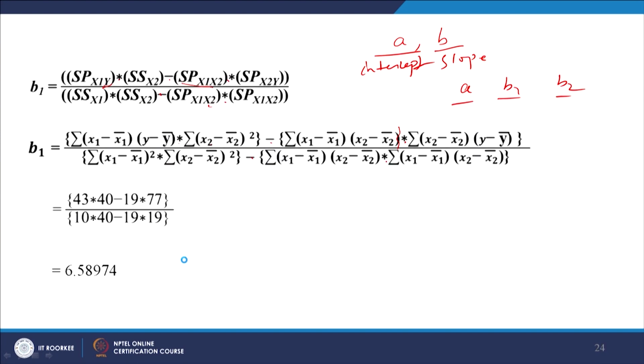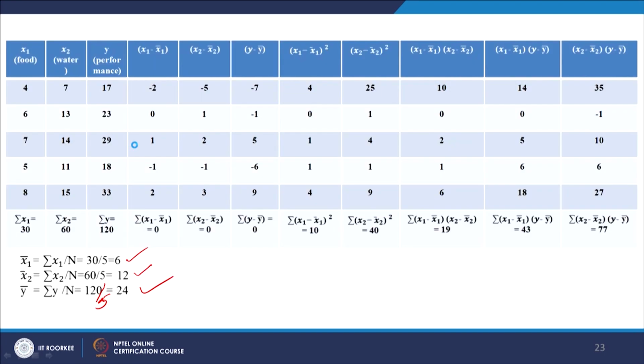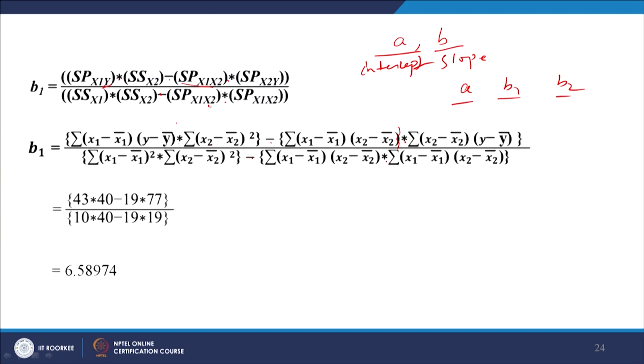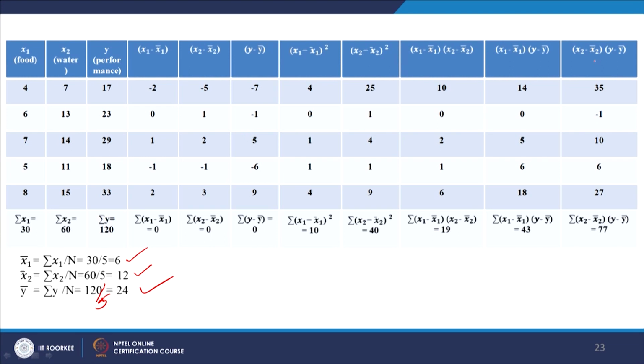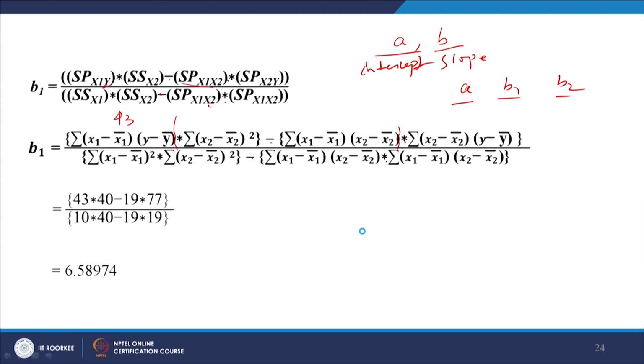Now let us use this. When I put it in the formula, how much am I getting? Let us go back. The sum of x1 minus x1 bar into y minus y bar, you require this value. This part is 43. Then x2 minus x2 bar squared, this one, is 40.